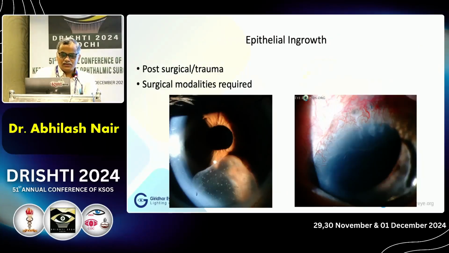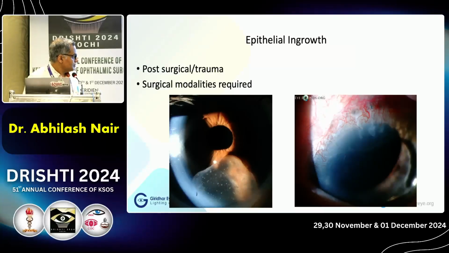Epithelial ingrowths, these are now rather uncommon following proper microsurgical techniques that we have now, but they can occur following trauma, difficult surgeries, and very painful condition, lots of inflammation. Epithelium membrane forms, they grow through the wound, and they give a typical scalloped appearance growing in from the limbus.